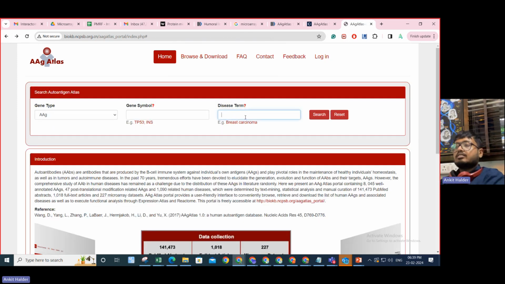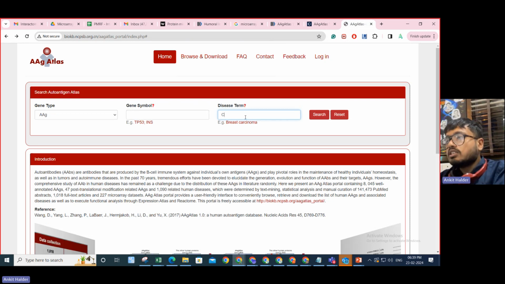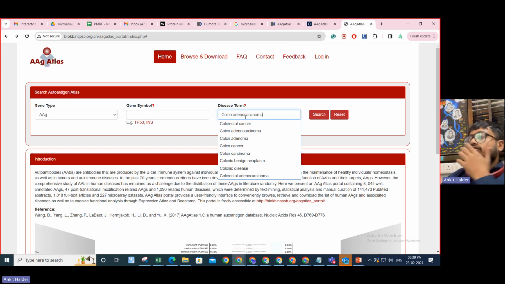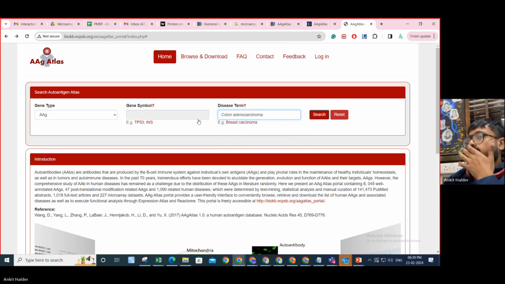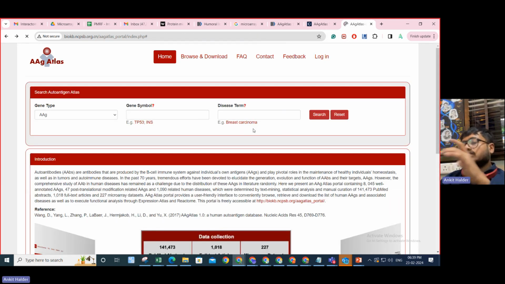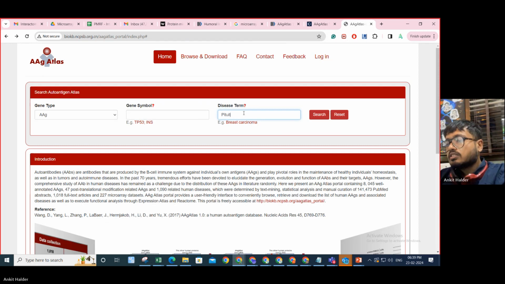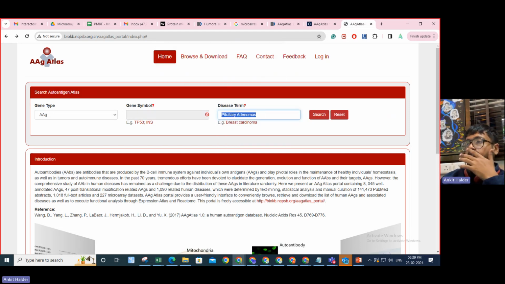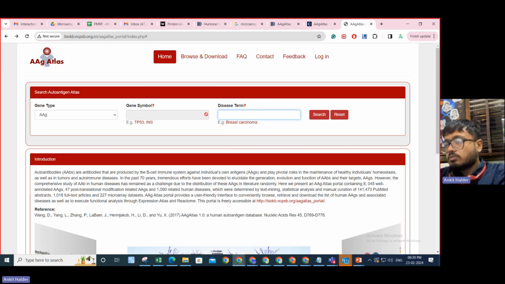If you take a disease, for example, colon adenocarcinoma, it is CALM3, CAM5, COTL1 which have been reported. Now if I say pituitary adenomas, you can ask for gliomas.